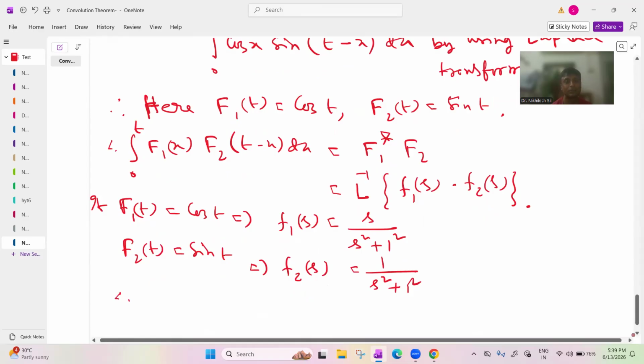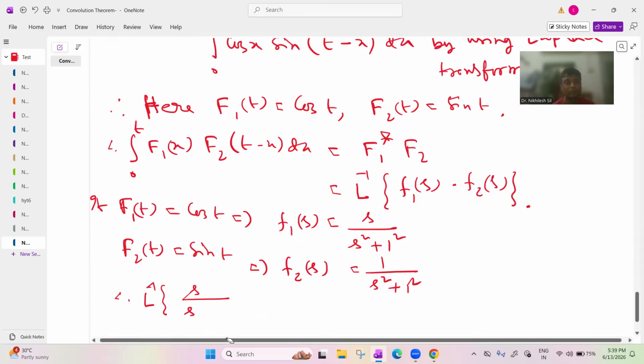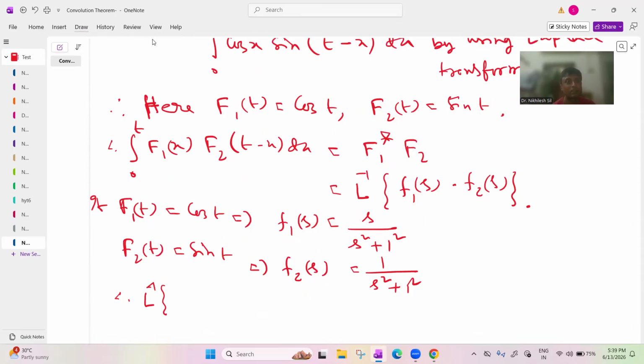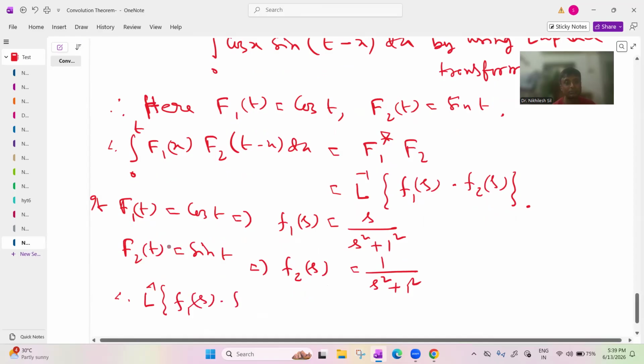Therefore, L inverse of f1 bar s into f2 bar s is equal to L inverse of s by s square plus 1 square into 1 by s square plus 1 square.